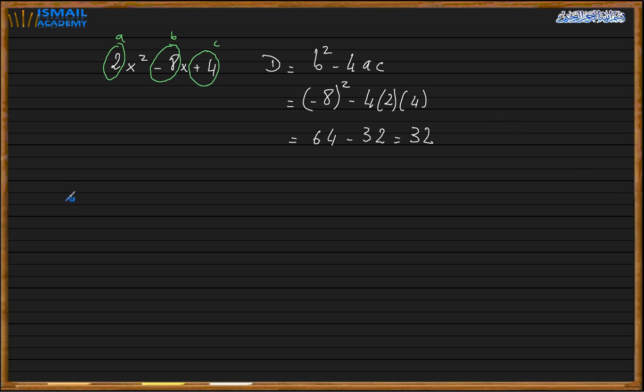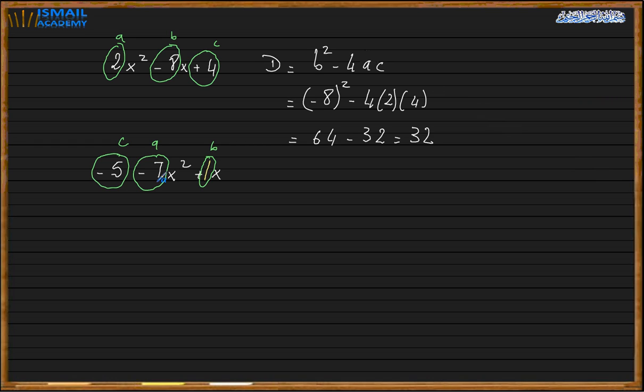Another example. Here I'm going to flip the order. Minus 7x squared plus x. Keep in mind, if I don't have a value for x, it is 1. So this will be my C, this will be my A, and this will be my B. C is always the constant that has no x next to it.